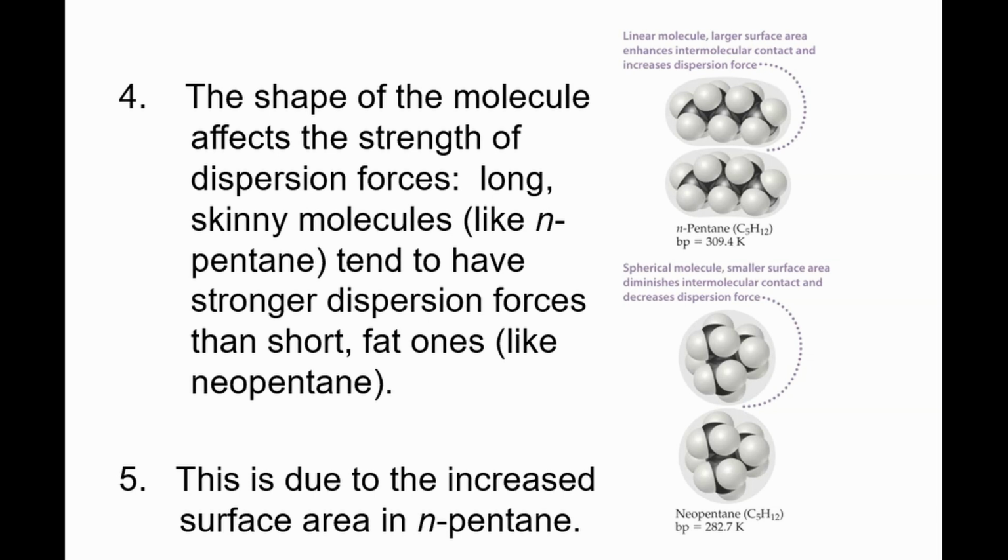So some isomers of C5H12: the one with the larger surface area is going to have greater London dispersion forces, and so we see that neopentane has less dispersion force and hence a lower boiling point.